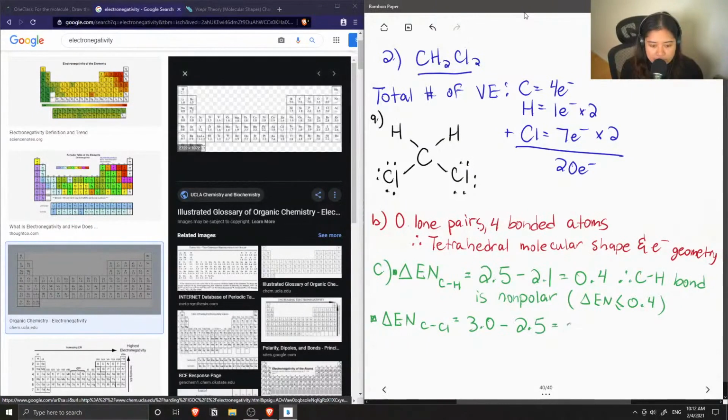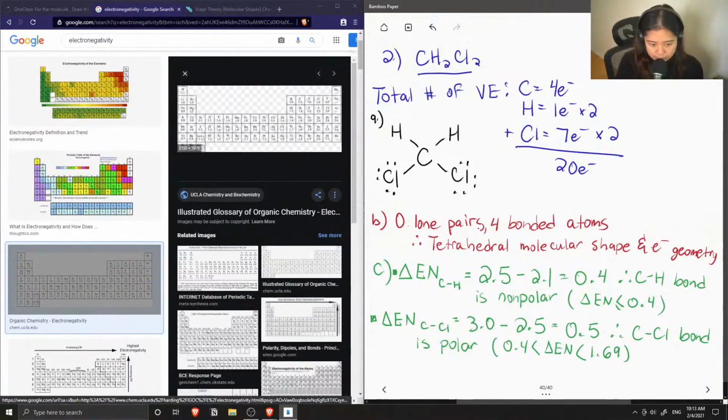So the difference between these two is 0.5. The carbon-chlorine bond is polar. So this is because its electronegativity difference is greater than 0.4, but less than 1.69.